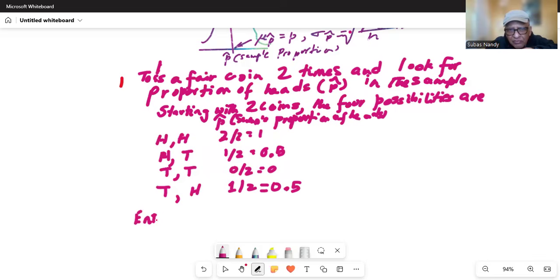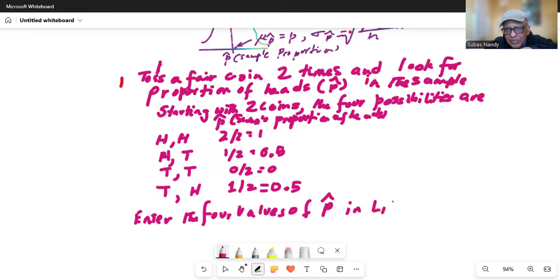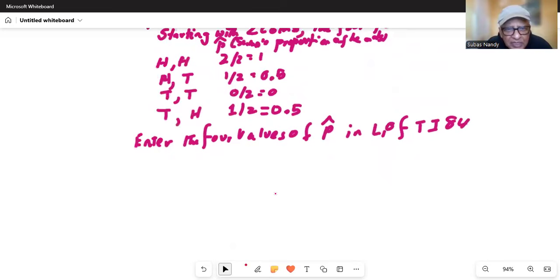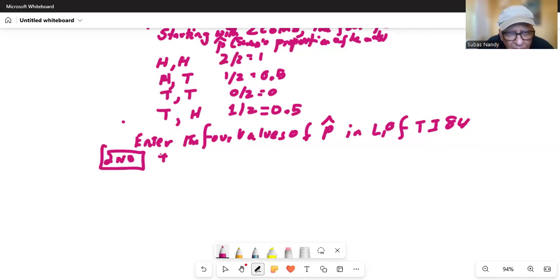Enter the four values of p hat in L1 of the TI-84. You first clear the memories of the calculator by pressing the second button, then the plus button, then number 4, which gives clear all lists on your calculator screen.